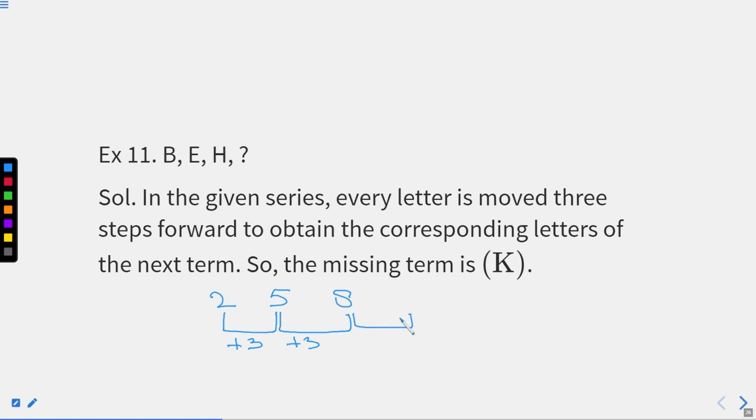So if we add plus 3 to the next value, we are going to get 11. And we know that 11 is the place value of K, right? So our answer is going to be K. I hope this is clear. With this, I am able to find my answer, which is K, whose place value is 11.